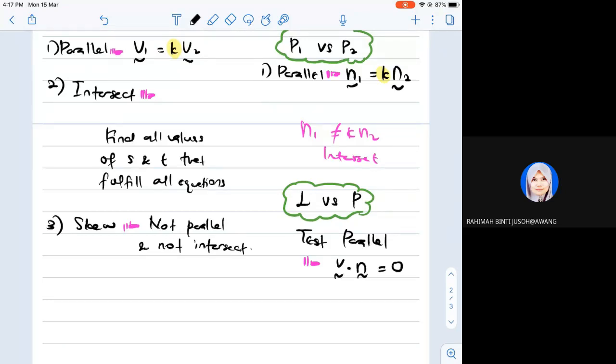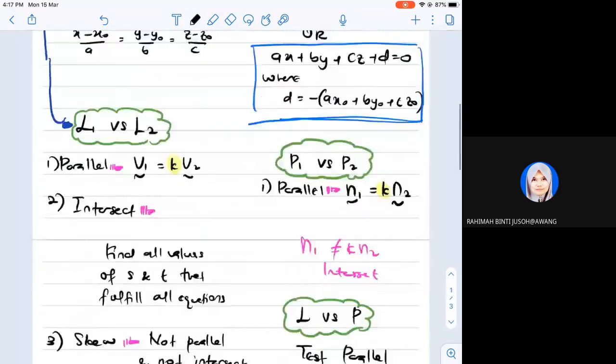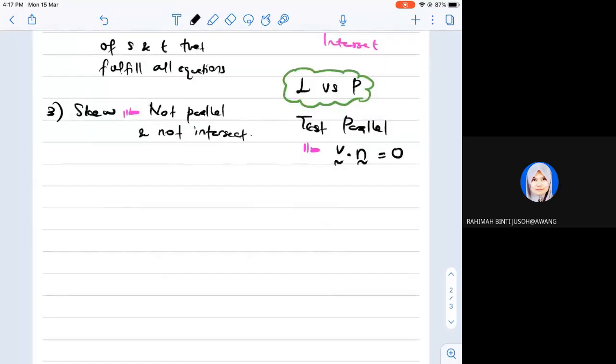Okay. If you are given the equation of line and then you are given equation of plane, in order to test whether the line and plane are parallel or not, you have to do the dot product. If you get 0, then parallel. Kalau tak sama dengan 0, means intersect. Macam itulah. Okay.